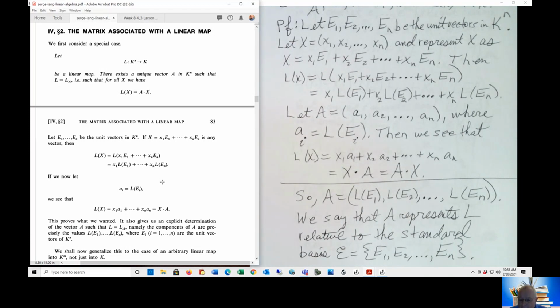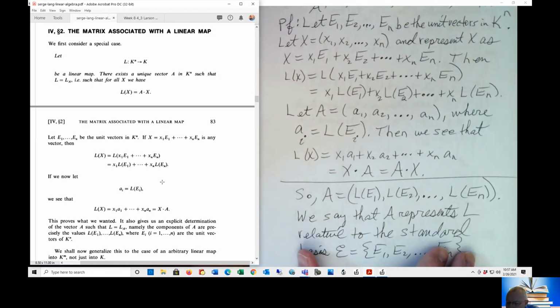We say that this vector A represents this linear map relative to the standard basis script E, E1 through En. So it's easy to find this vector A.